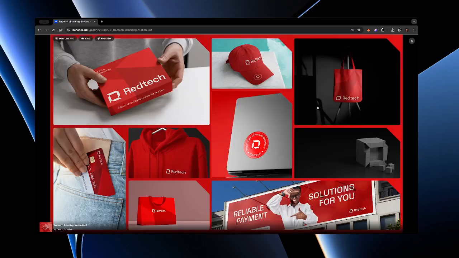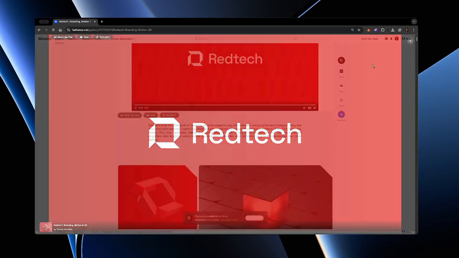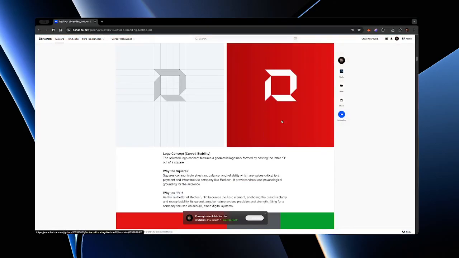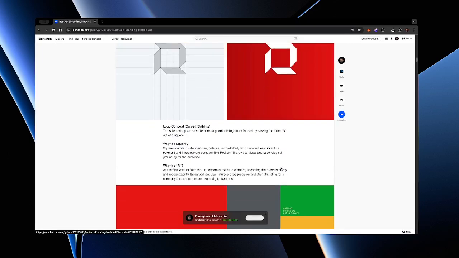Now we have various visuals of Redtech here, and I'm trying to get to this. So the concept of the logo idea is quite simple.